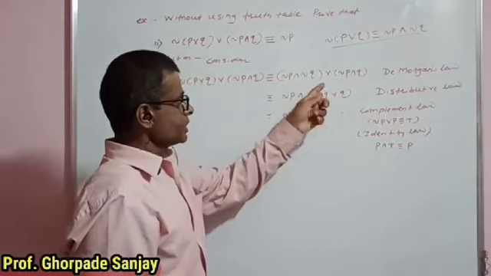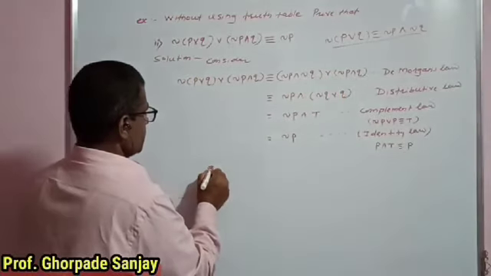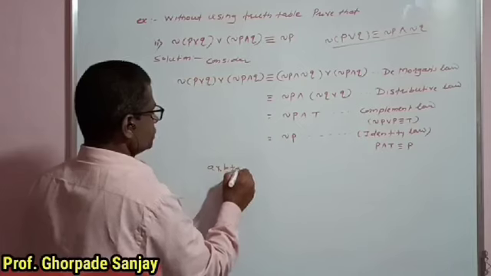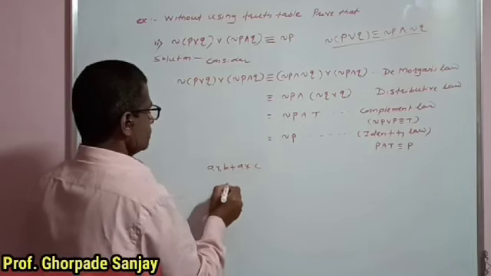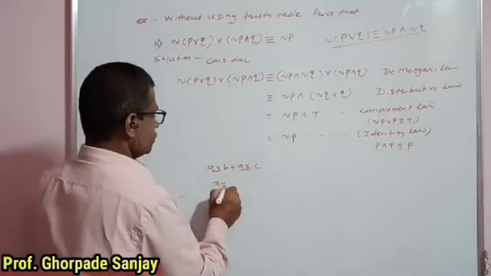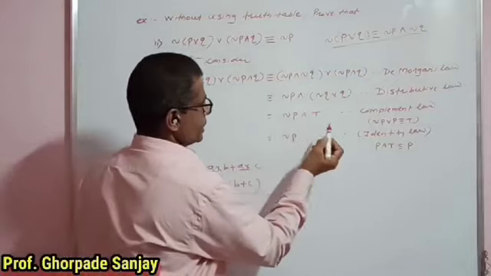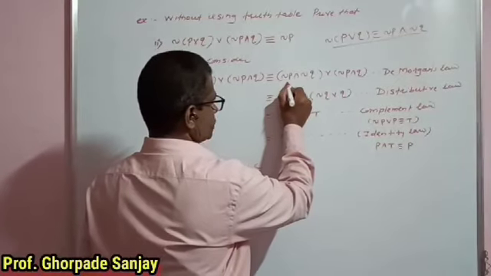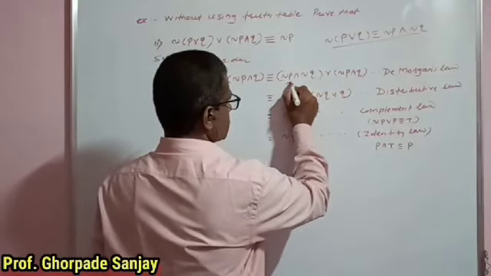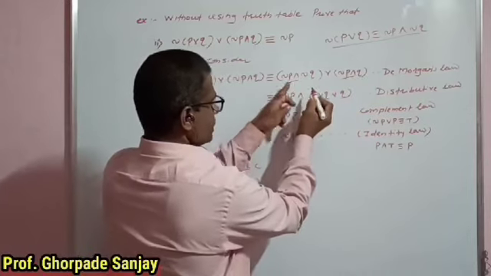Now the next step, the distributive law. So what is the distributive law? See here, A into B plus A into C, then we can take A as common. So A as common means what? A into B plus C. Like that. So if you see here, negation of P conjunction is common. If I take common, what will remain here?